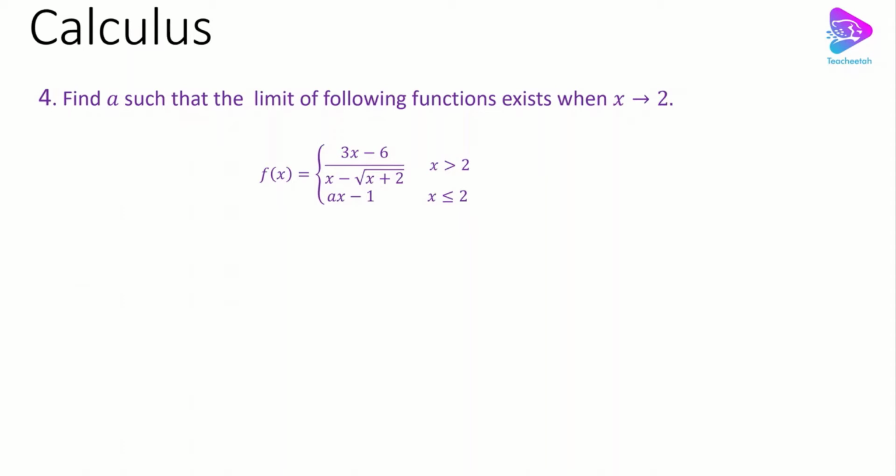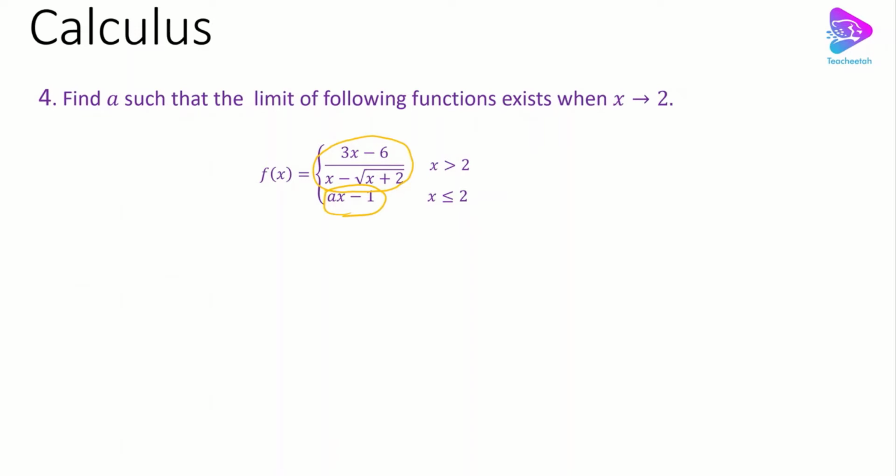And for the other side, when x is less than or equal to 2, we have ax minus 1, which means that when you're approaching from the right side, basically, we have to use this function, and when we are approaching from the left side, we have to use ax minus 1.